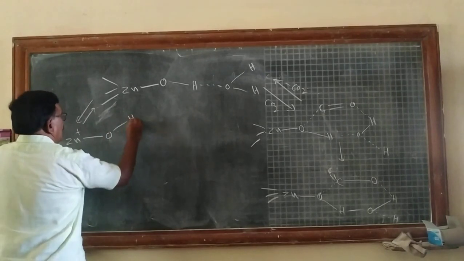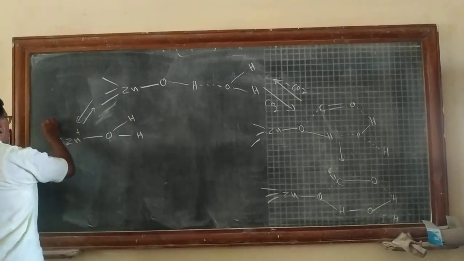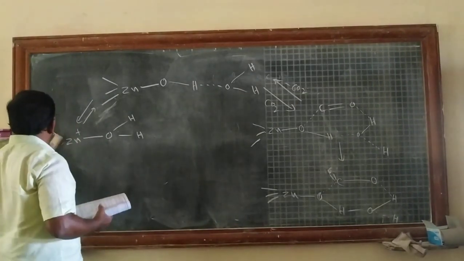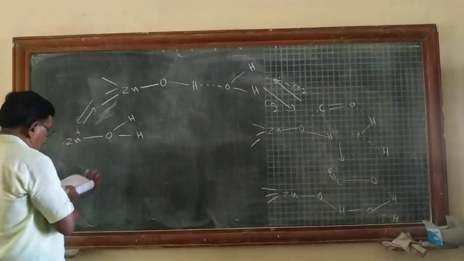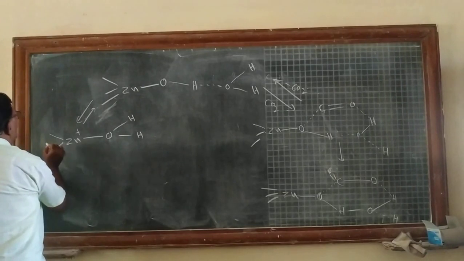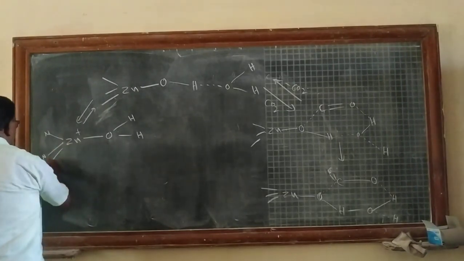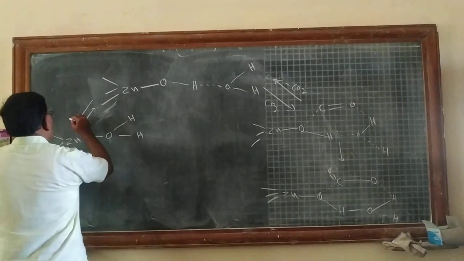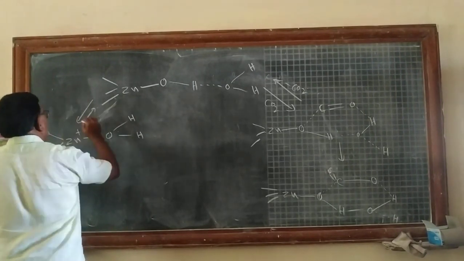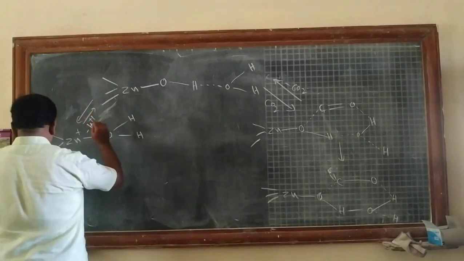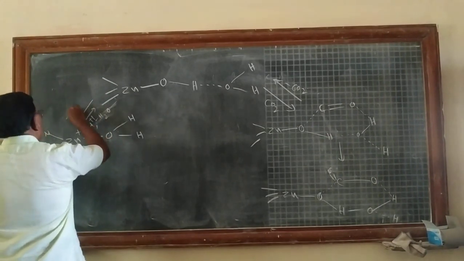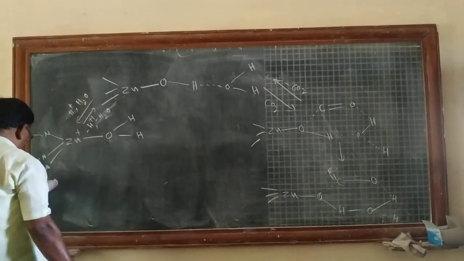This is O, H, and this is an H, and this is N, this is N, and this is N. There is a removal of H plus 1 and water will be liberated, and then H plus H2O.